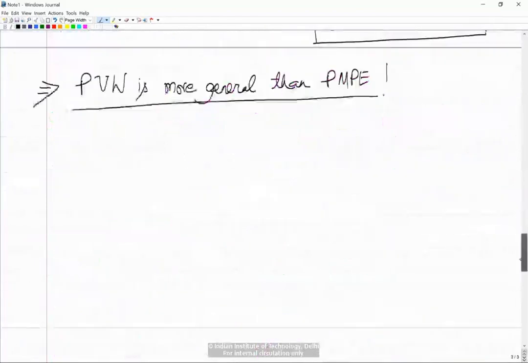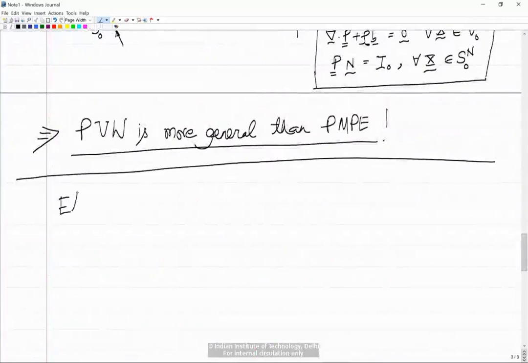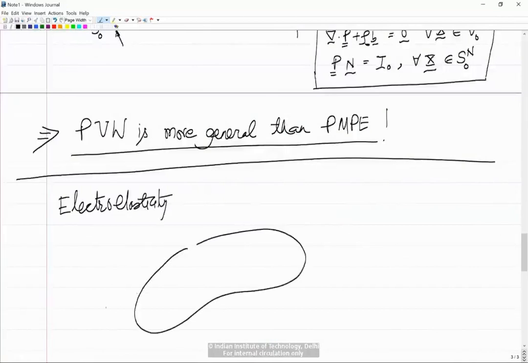Okay, and suppose you are working with an electroelastic problem, there is a theory of electroelasticity, where you have a body which is acting under some applied electric field, and if the body is electrically active, then due to application of electric field, the body can also deform.